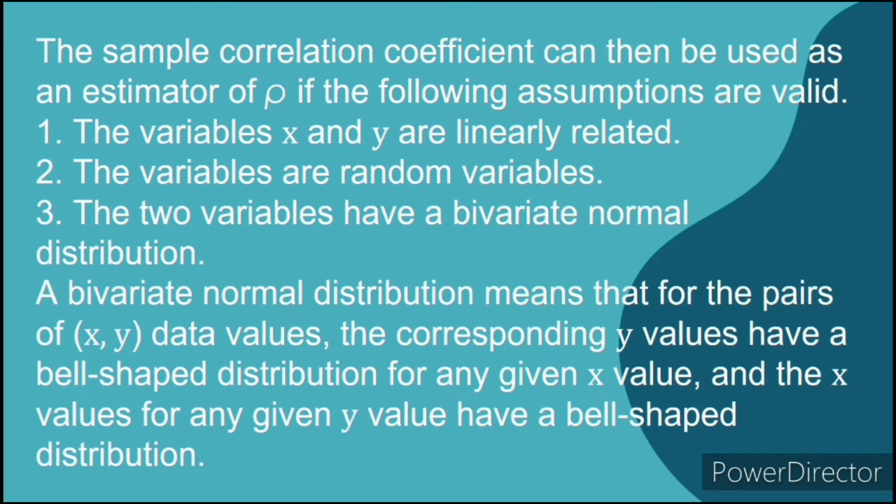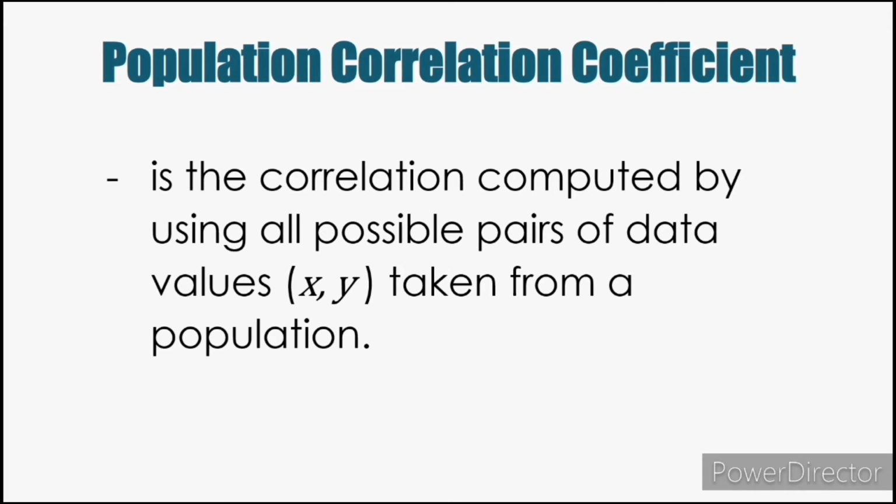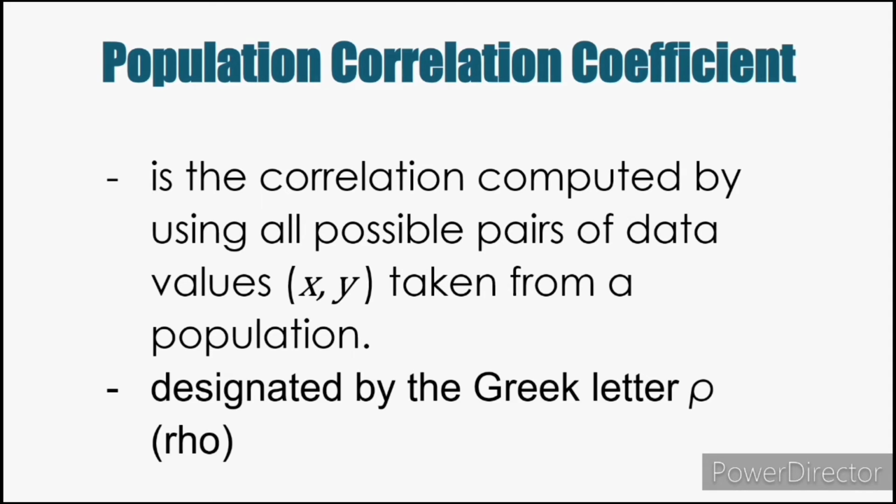A bivariate normal distribution means that for any given x value, the corresponding y values have a bell-shaped distribution, and for any given y value, the x values have a bell-shaped distribution. Population correlation coefficient is the correlation computed by using all possible pairs of data values x and y taken from a population, designated by the Greek letter rho.